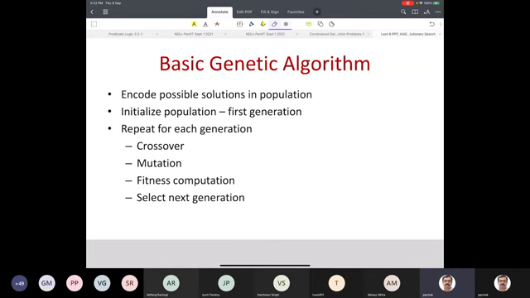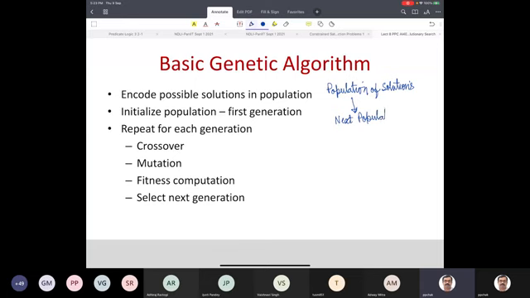They encode possible solutions in an initial population. Now, the difference between the others and this is that I don't work with a single local solution, but with a population of solutions, and instead of creating one more solution, I create the next population.